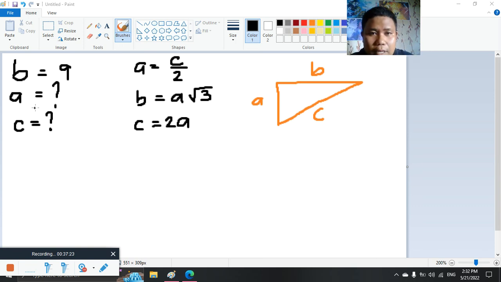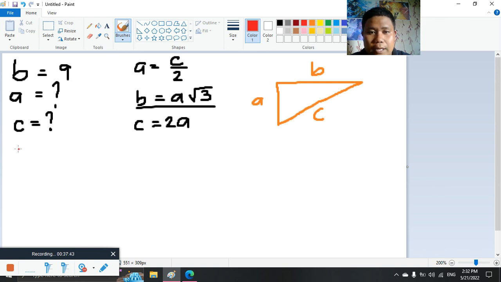First we look for A. We cannot use A equals C over 2, since we are looking for C. Only B is given. So we use B equals A the square root of 3 to find A.